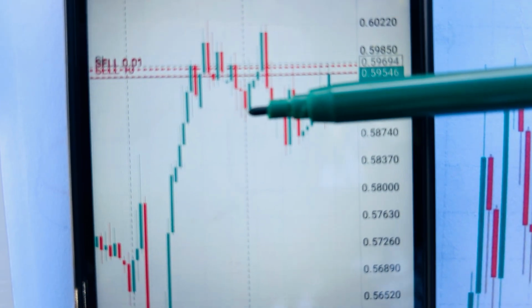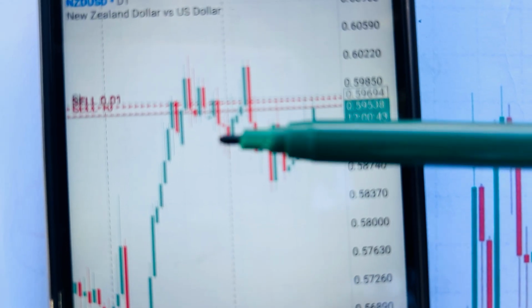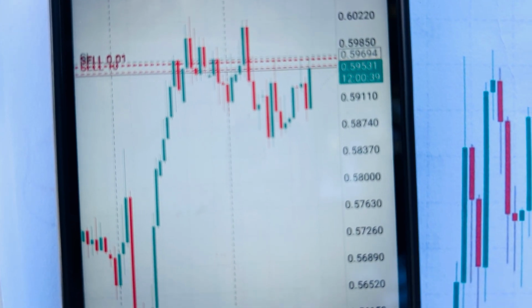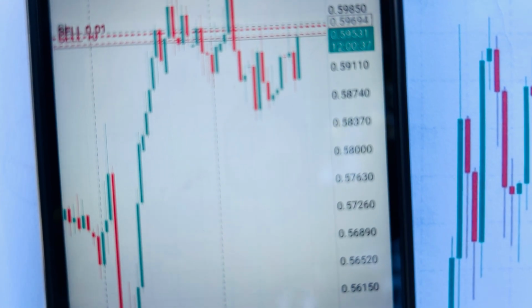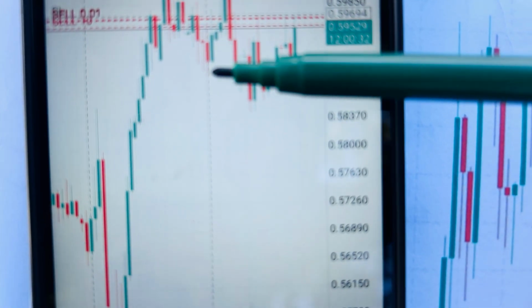Then we had an open price in May with these two candlesticks, which formed the lowest price of the month because it's a new month. So we must have a low price and a high price, and our expectation is to trade between them.